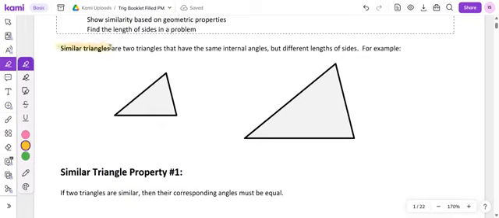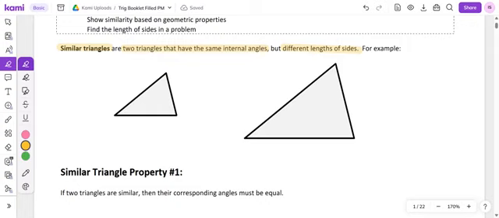Similar triangles. Highlight what are similar triangles, or underline them if you don't have a highlighter. If I have two triangles that have the same angles and the same side lengths, are they similar?